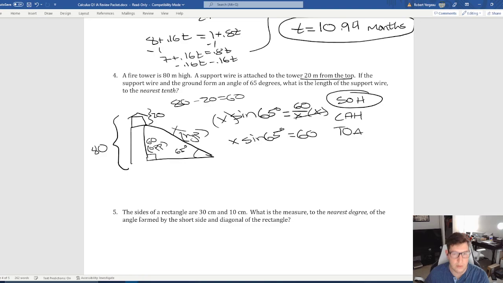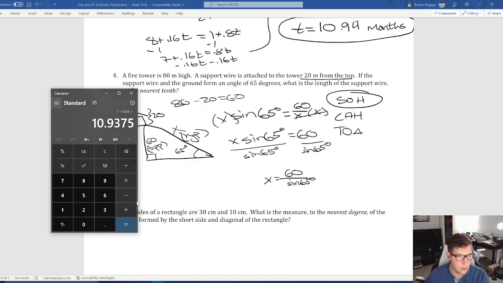I'm leaving this degree sign because we need to be really careful that our calculator is in degree mode when we are using degrees. So always double check that before you start. Then divide both sides by the sine of 65 degrees to learn that x is equal to 60 over the sine of 65 degrees.